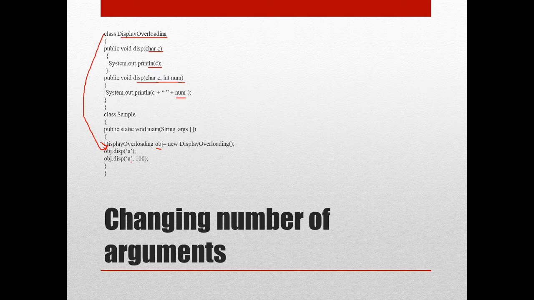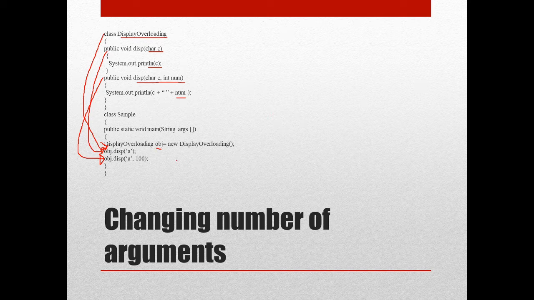To display the character c we call this one, and to display the value of this method we call it here. We gave c the value A and num the value 100.